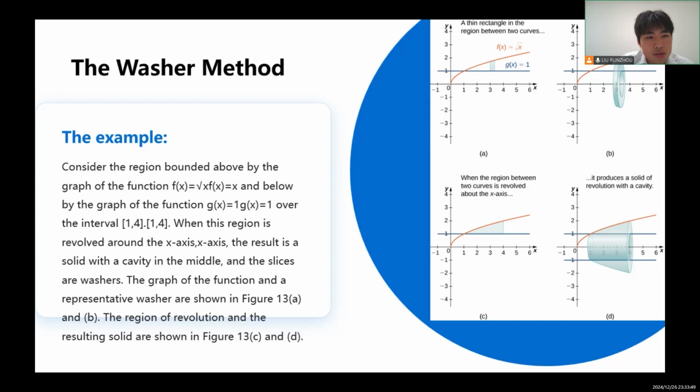When this region is revolved around the x-axis, the result is a solid with a cavity in the middle, and the slices are washers. The graph of the function and a representative washer are shown in figure 13A and B. The region of revolution and the resulting solid are shown in figure 13C and D. And this is the picture of 13 A, B, C, D here.